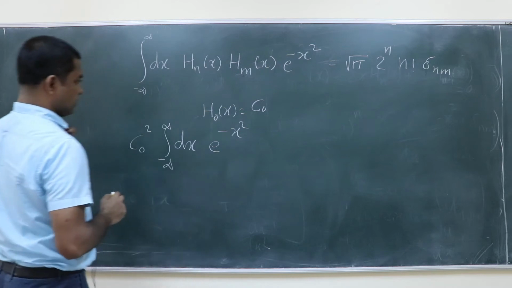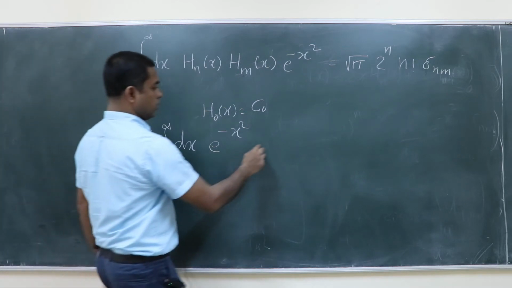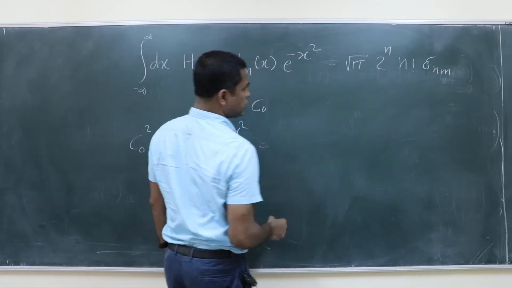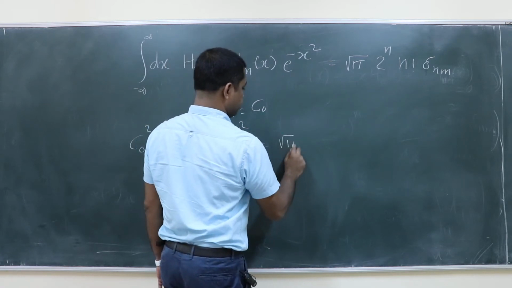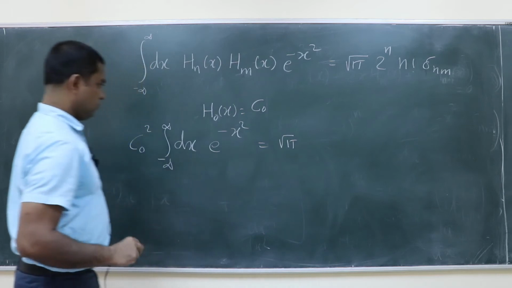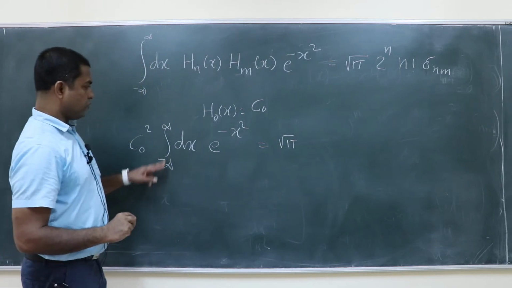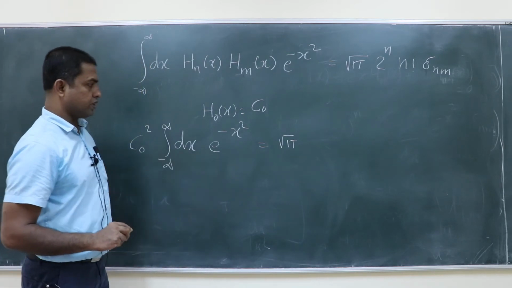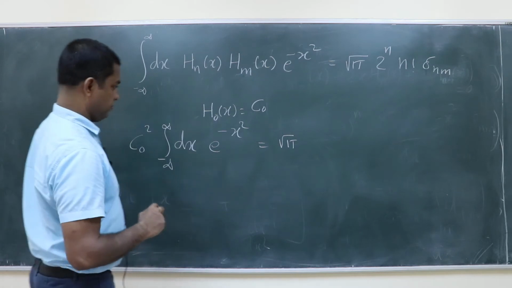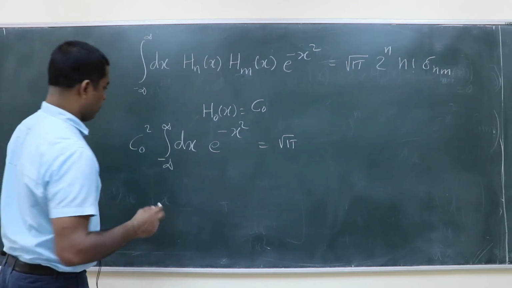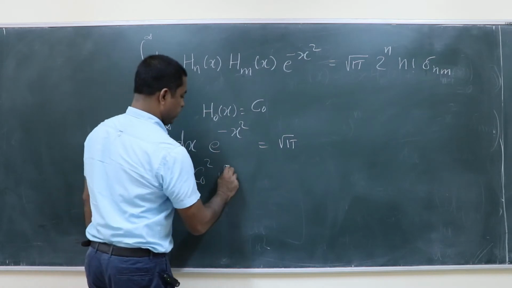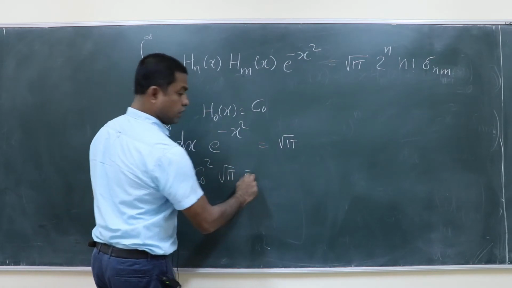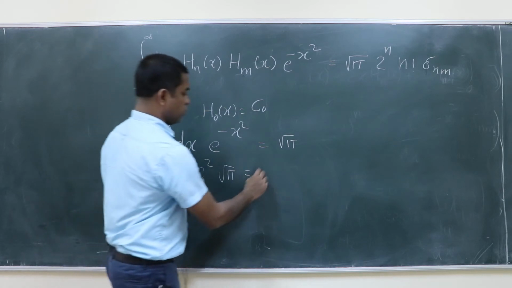This is equal to, for n equal to 0, root pi. What is the integral from minus infinity to infinity dx e to the power minus x square? Root pi. So you get c0 square root pi is equal to root pi.